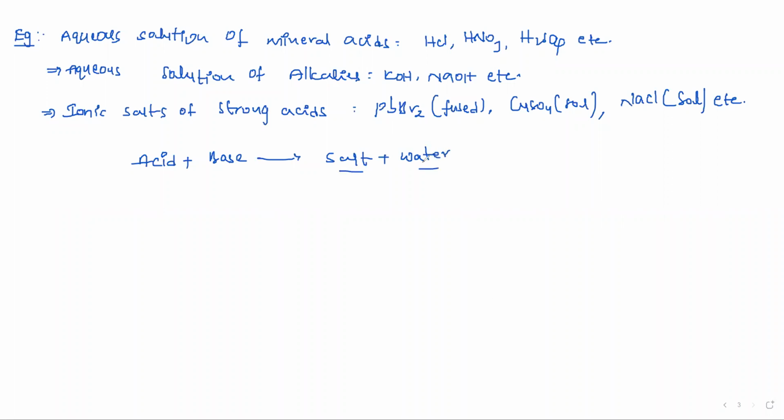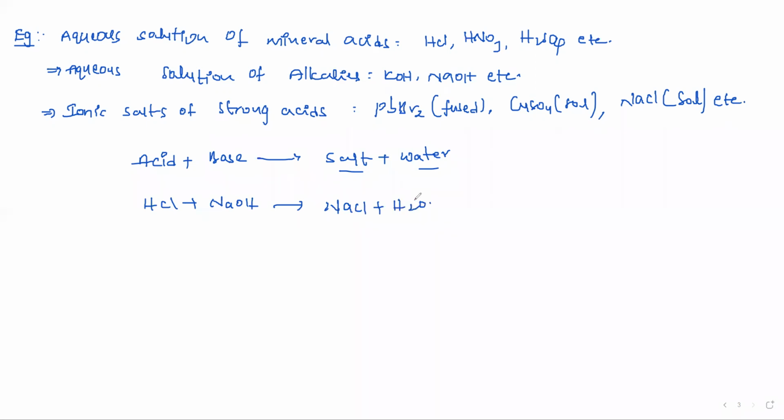Acid plus base equals salt and water. Okay. That means, for example, acid HCl, I am taking base NaOH. It gives salt, that is NaCl, and H2O.